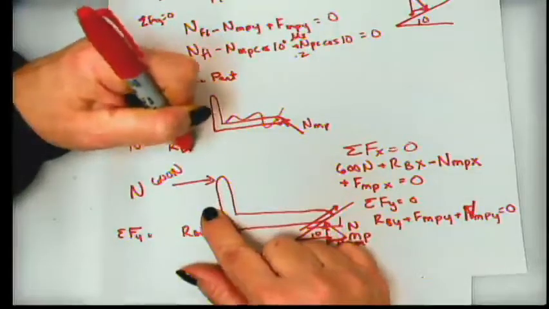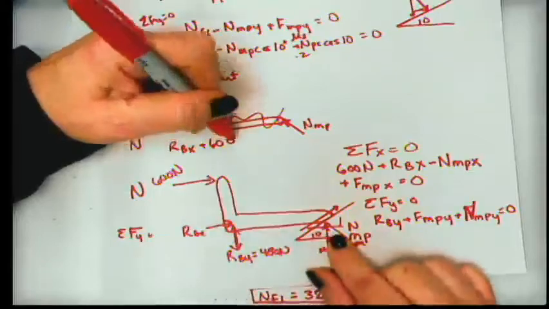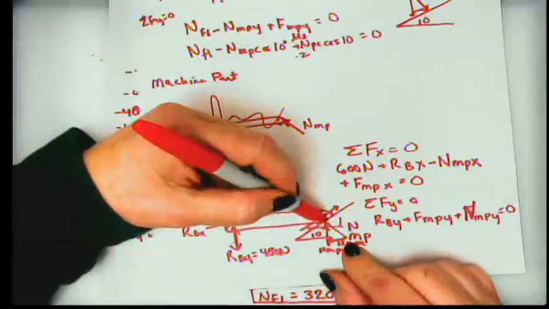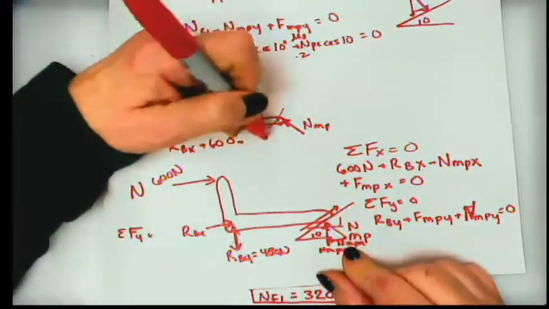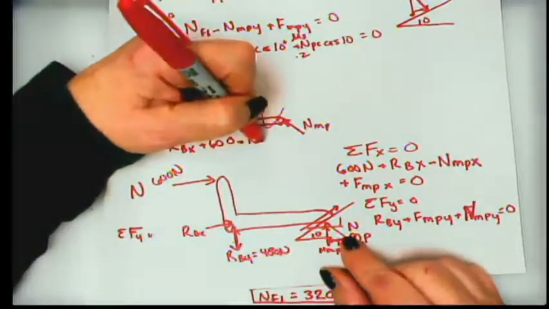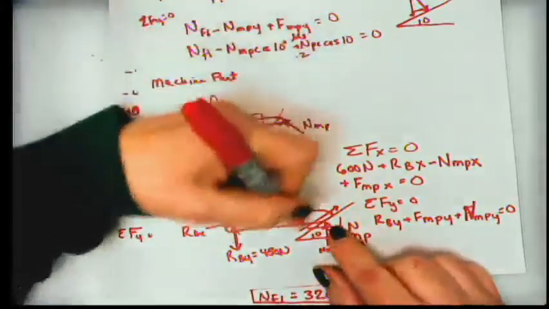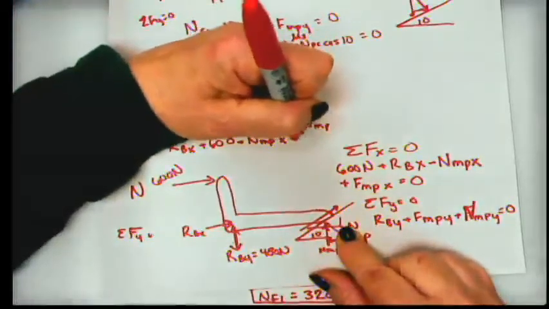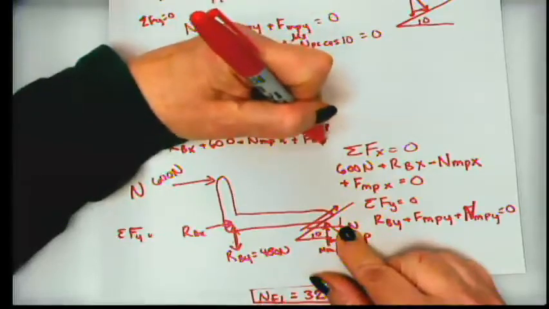we would say that we look at the machine part plus 600, and then, here's my normal force acting, so that would be minus the normal force from the machine part in the x direction, and then the friction is actually going that way, so in the x direction that would be positive, plus the frictional force of the machine part in the x direction.